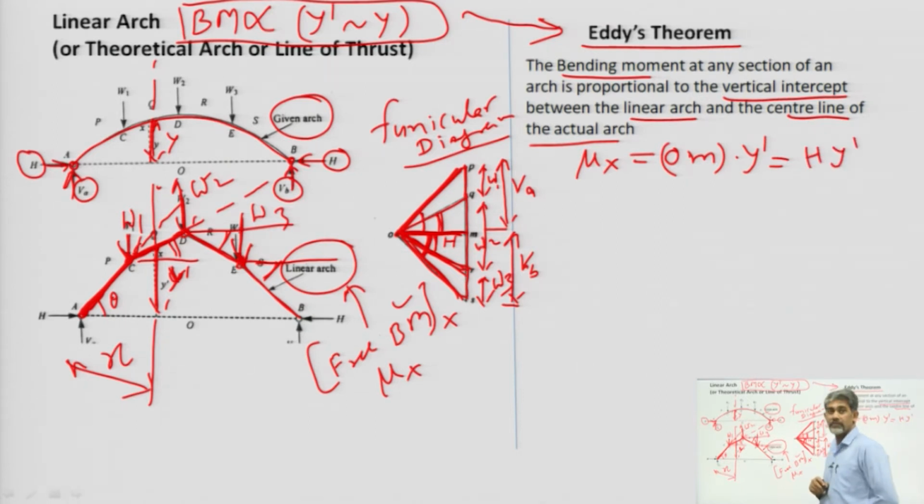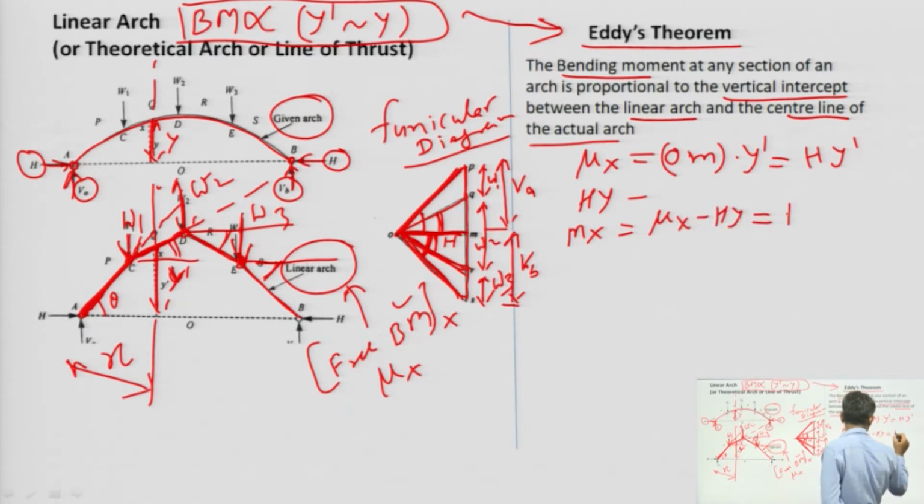So, mu x is h into y dash, okay, and y dash is the intercept at any section x in a linear arch, and h into y is the h moment. So, the bending moment at any section is mu x minus h into y.